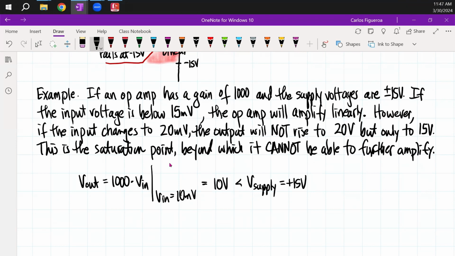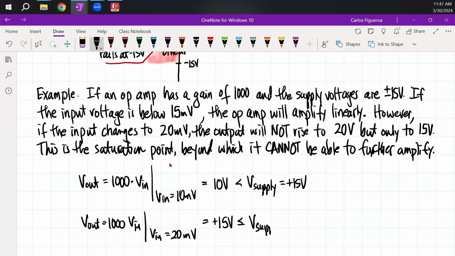I have a linear op-amp. However, if I change my input so that V input is now 20 millivolts, you're going to find that this is going to try to exceed it to 20 volts. But you're going to find that this thing rails at 15 because the maximum that it could be is this supply voltage, which is, of course, plus 15 volts. It will not go to 20 volts.